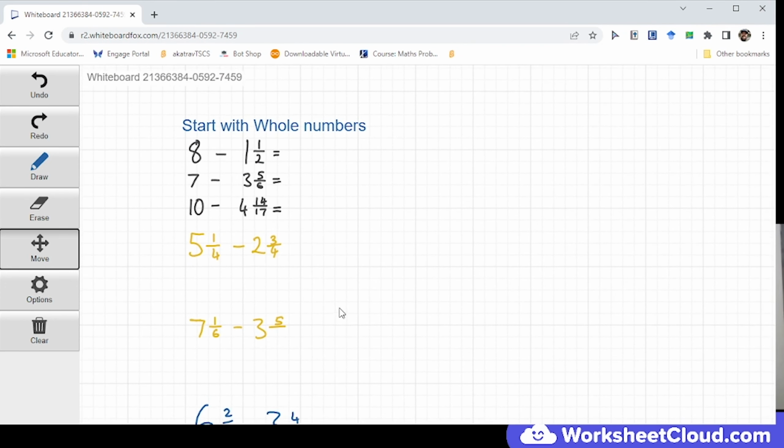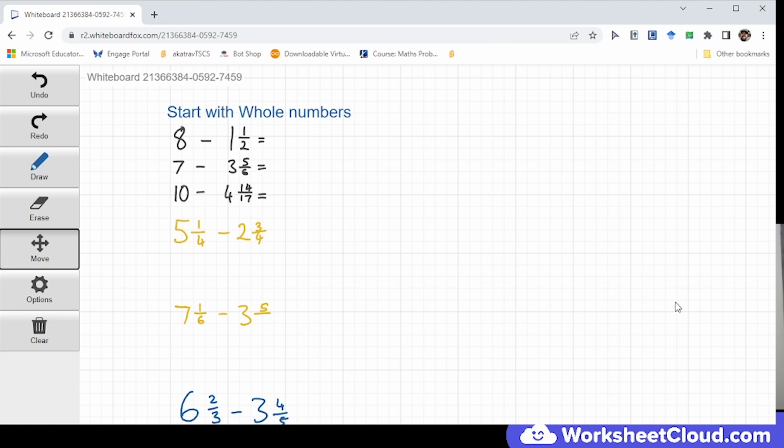All right, so I'm going to start off with these 3 in black, just to naturally guide you towards what makes sense. Now many of you would just be able to do some of these by inspection. If we've got 8 minus 1.5, well, that's easy, it's 6.5. Maybe you did it by inspection.